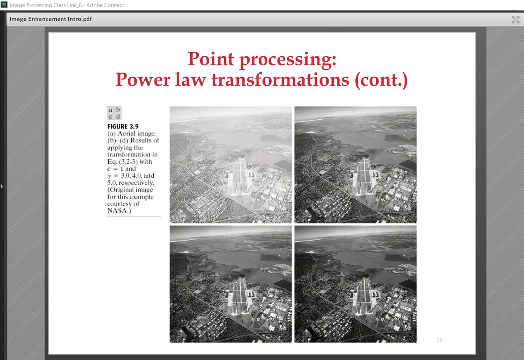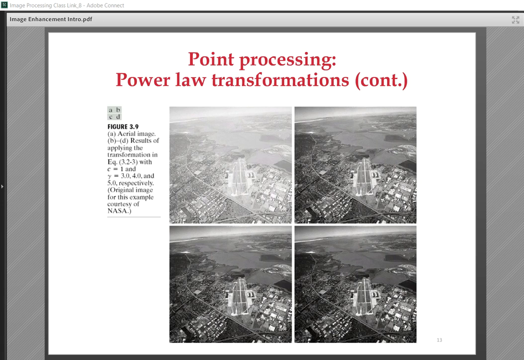Another example of a power law transform. This is the original aerial image from the sky, and these are the corrected images with some gammas. For example, this is with gamma 3, this is with gamma 4, and this is with gamma 5.